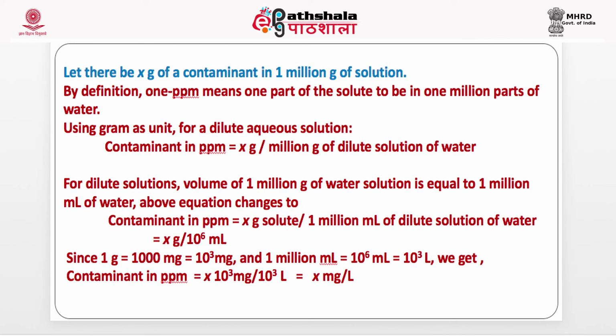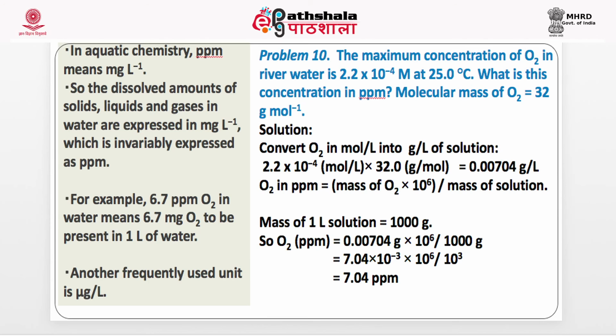Contaminant in ppm is x gram of the solute divided by 1 million liter of dilute solution of water, x divided by 10 to the power 6. Since 1 gram is equal to 1000 milligram, and 1 million liter equals this, we get this answer. In aqueous chemistry, ppm means milligram per liter.